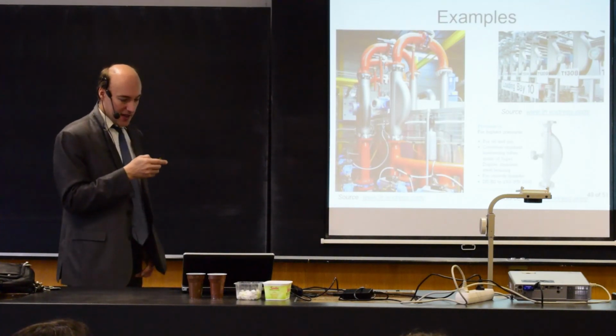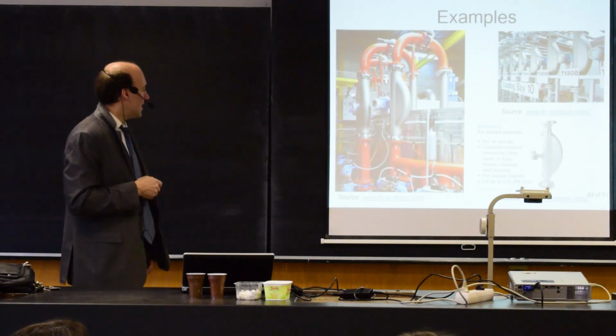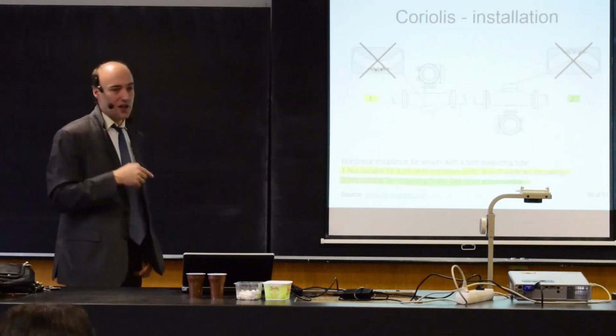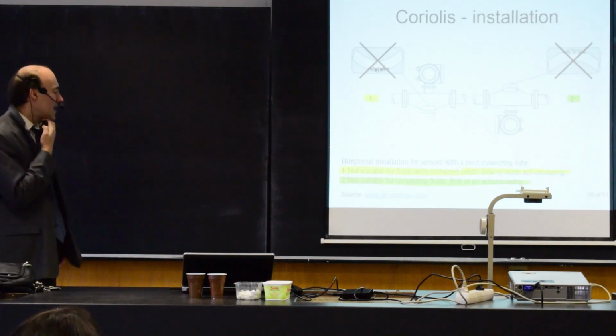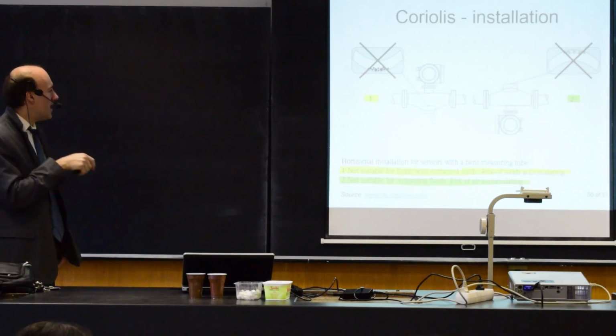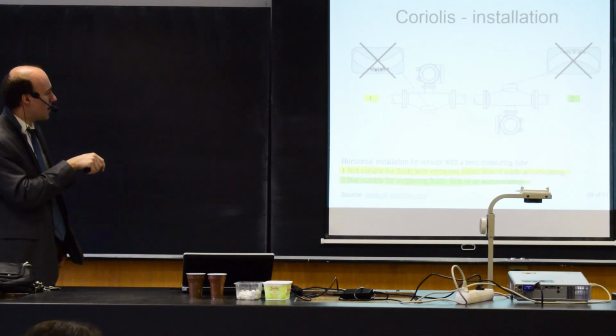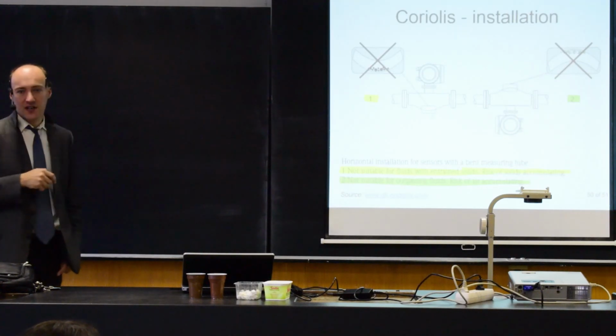The flow meter is also sensitive on the installation, and you should never install a Coriolis flow meter in a horizontal pipe like this with the bendy tube facing down.